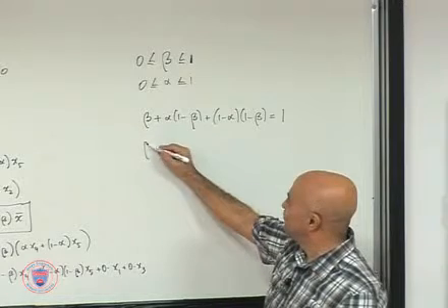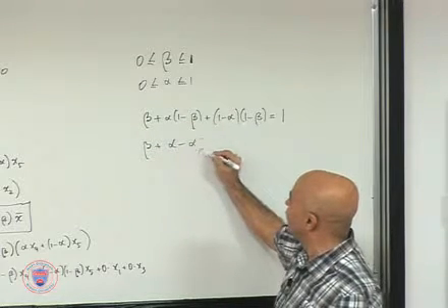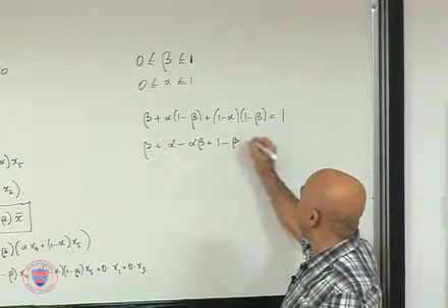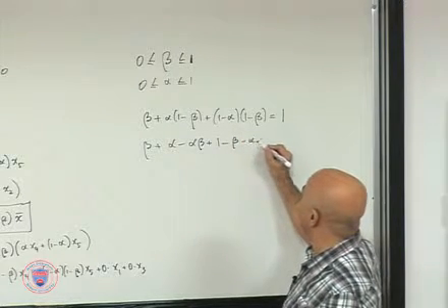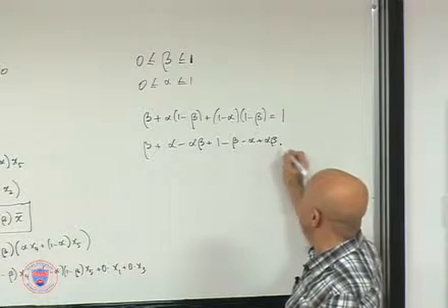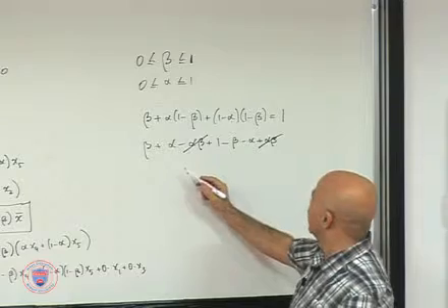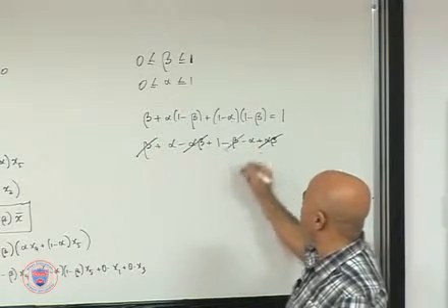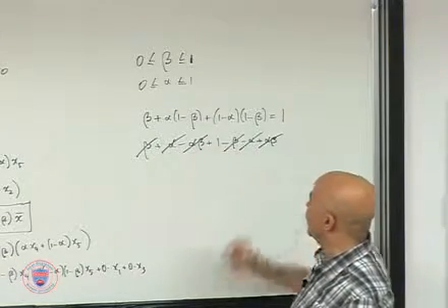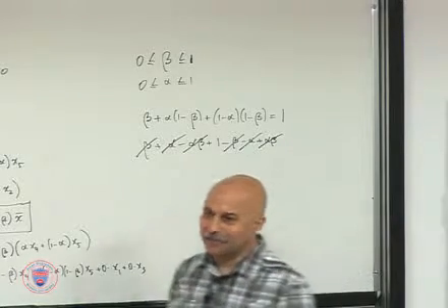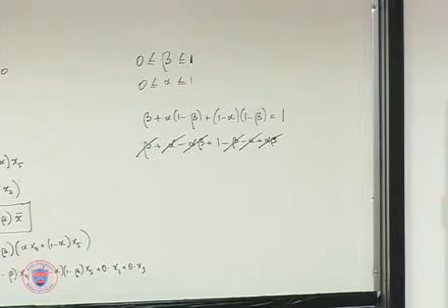Beta plus alpha minus alpha beta plus 1 minus beta minus alpha plus alpha beta. So minus alpha beta plus alpha beta, and then beta and minus beta go, this and that one go. Yeah, you have 1. Yes. Thank God. Otherwise, I would be in trouble.